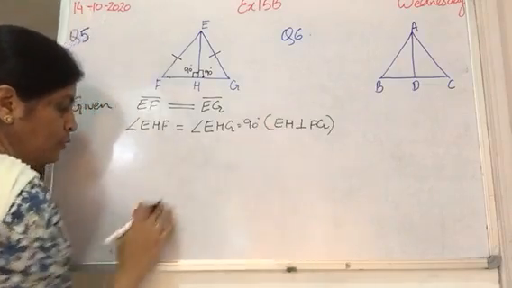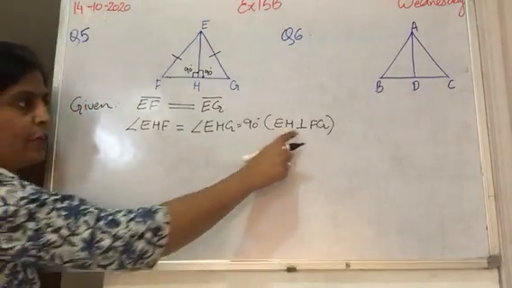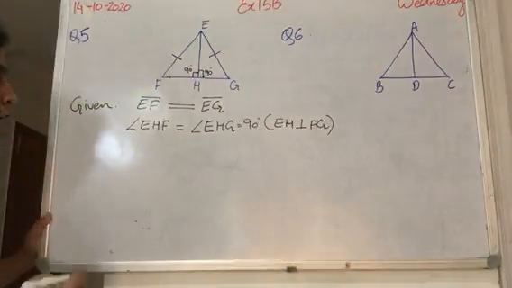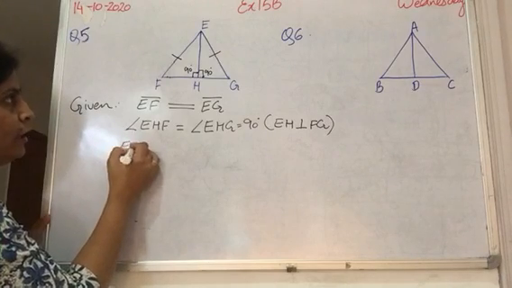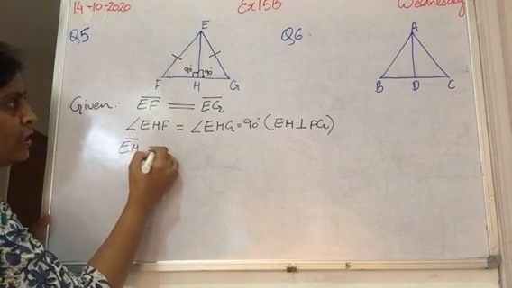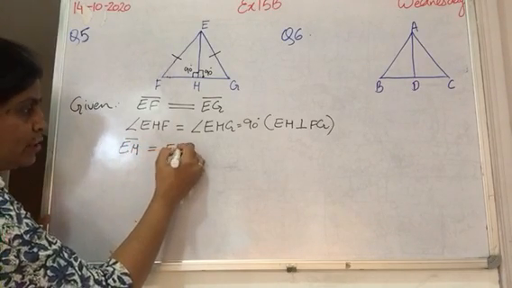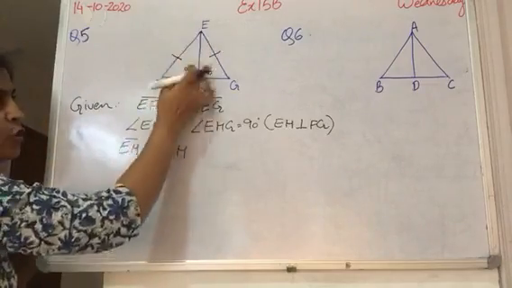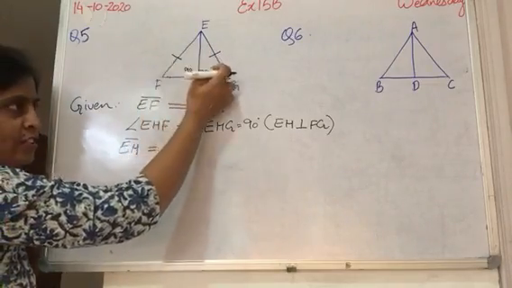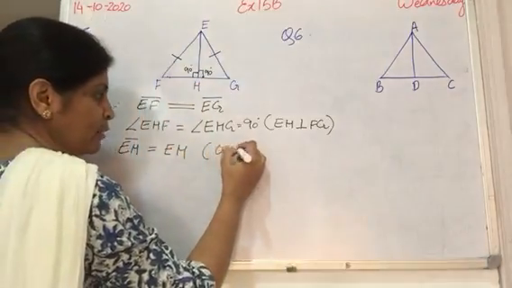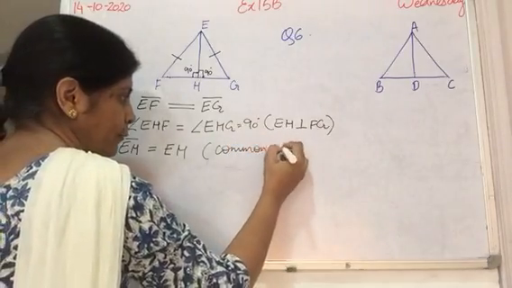This symbol means perpendicular. And the third side, which is common, is EH equal to EH. This EH is common in this triangle as well as in this triangle. So the reason we write is common side.